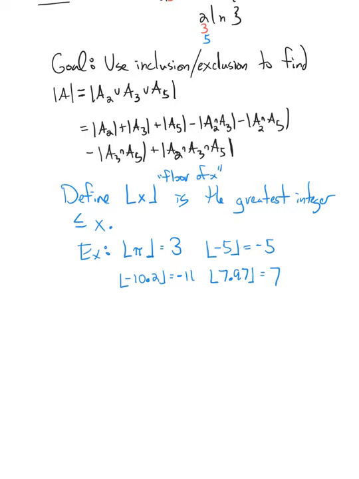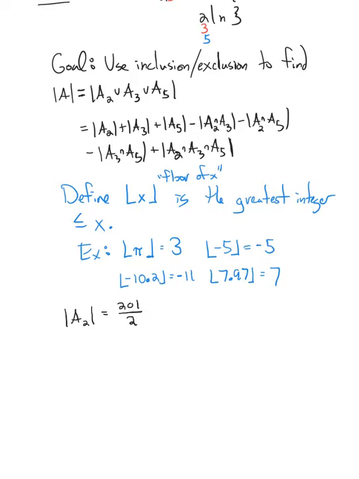Okay, so let's figure out the cardinality of A2. Well, it's all numbers divisible by 2. So how many are there? The way to do it is we take the number of numbers we have, 201, and divide it by 2. Every second number gives us a number divisible by 2.